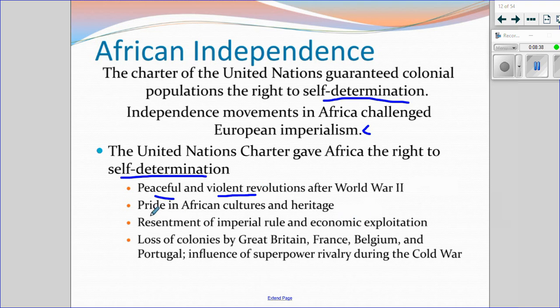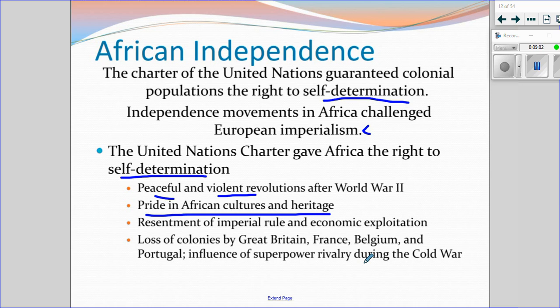We see a nationalistic kind of movement, a resurgence of African culture and heritage. You also see what's called Pan-Africanism, where there's a lot of support by African Americans and other peoples around the world who celebrate African heritage and support African independence.